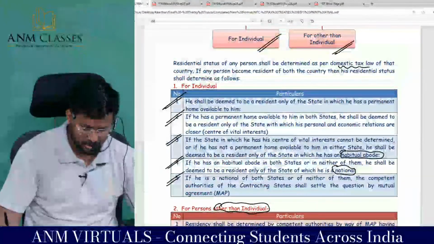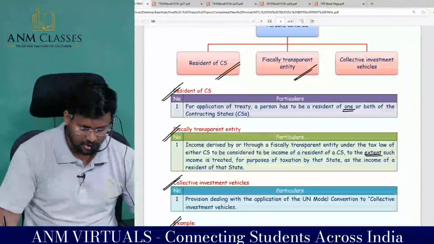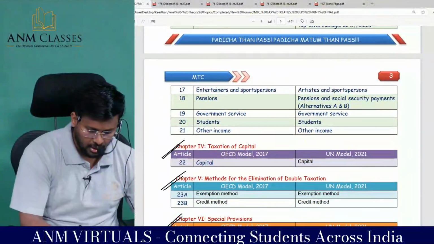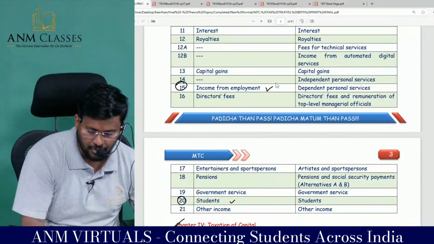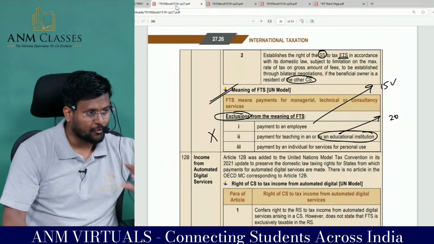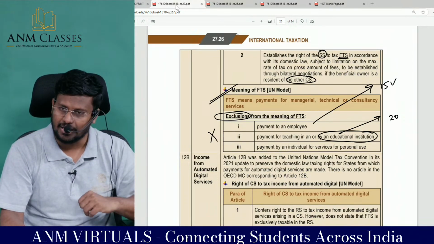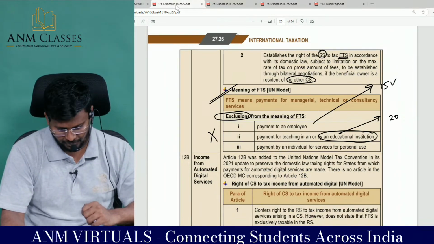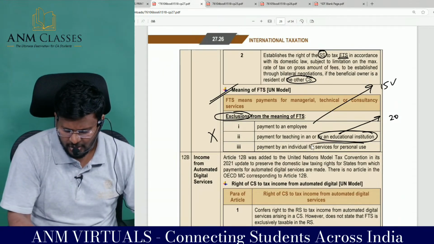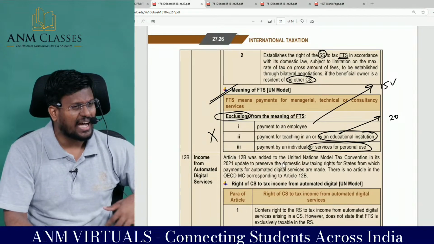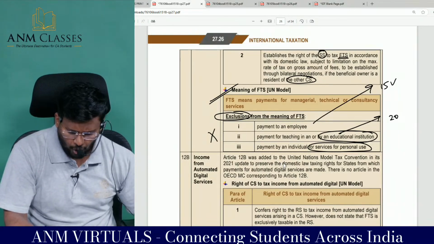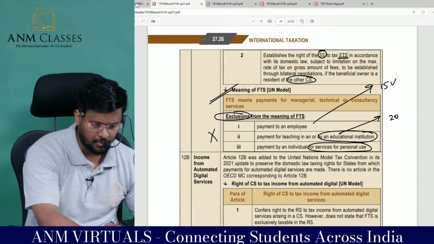In the morning we already read that Article 20 is students, and Article 15 is income from employment. So for those there are specific articles. Payment by an individual for service for personal use, no, that is specific other income. Other incomes are there, so that will not fall under FTS, my dear lovable students.